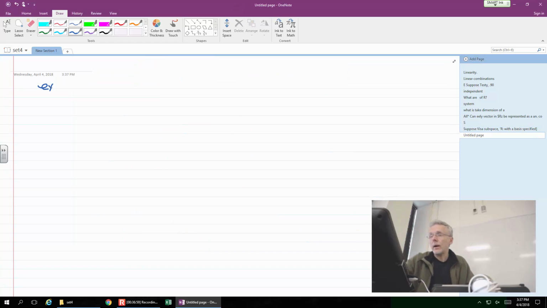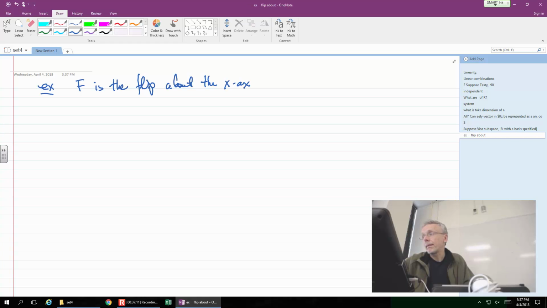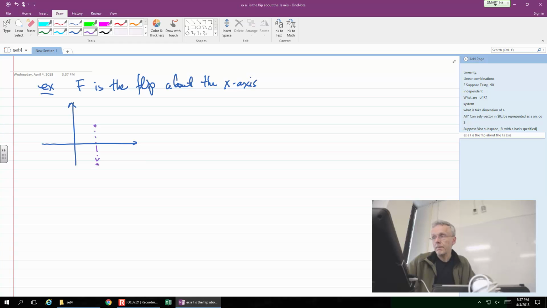And now, suppose F is the flip about the x-axis. In other words, this point becomes that point. That's what the flip is.